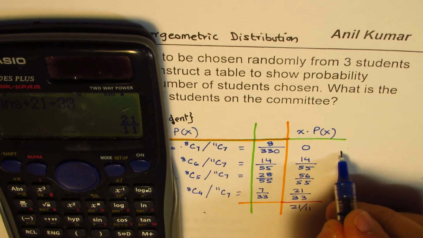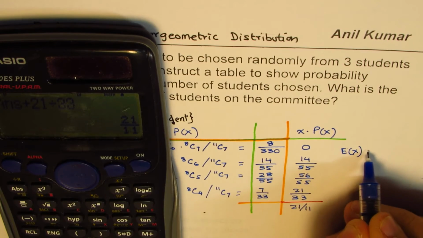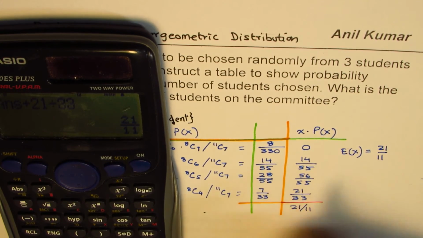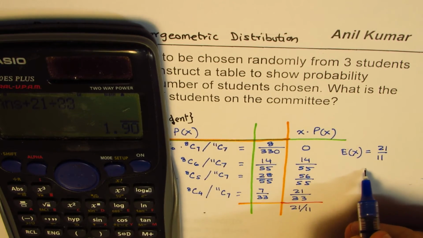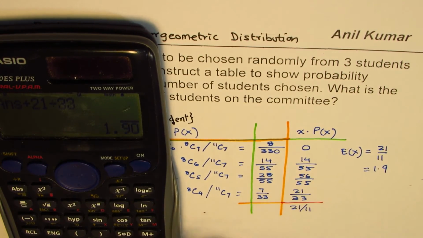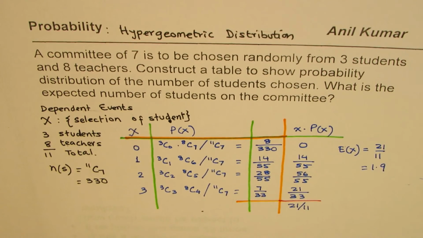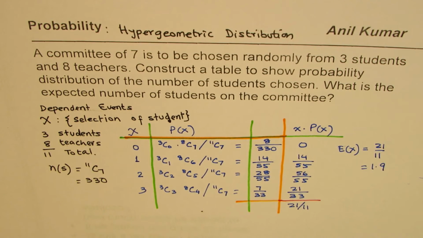So the expectation here is equal to 21 over 11, or in decimals it could be written as 1.9. So that is the expectation in this particular case. I hope the steps are clear. That is how it could be done. It is important to understand that this belongs to the hypergeometric distribution. That is the distribution which really characterizes that particular question.